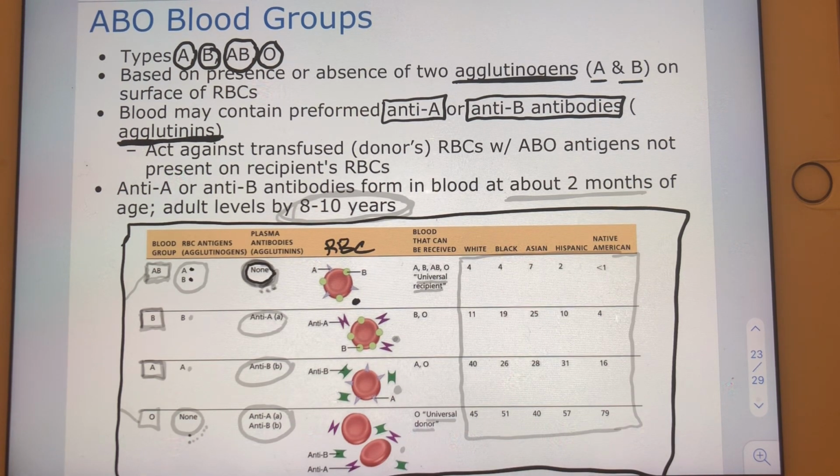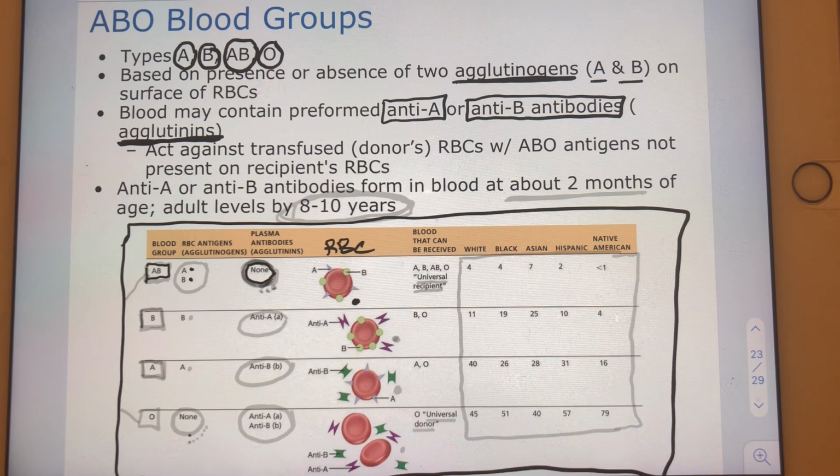The recipient isn't going to make antibodies against itself or themselves, okay? So that means that if someone has the ABO blood type of AB, they have both A and B agglutinogens, but neither anti-A nor anti-B antibodies, also known as agglutinins, okay?